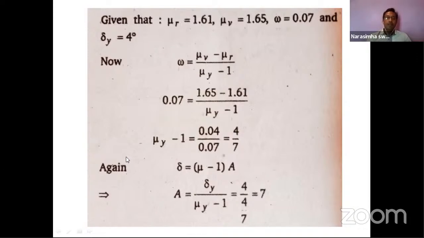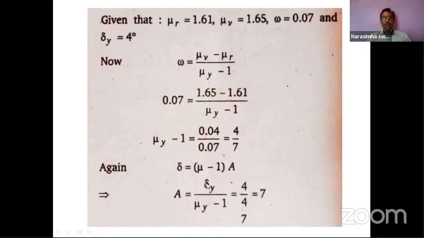And we have a formula for the minimum deviation: delta is equal to mu minus 1 into A. The direct formula is there, and we are getting mu y minus 1 directly. So A is what we need to calculate. A is equal to delta y, the minimum deviation of yellow, by mu y minus 1.